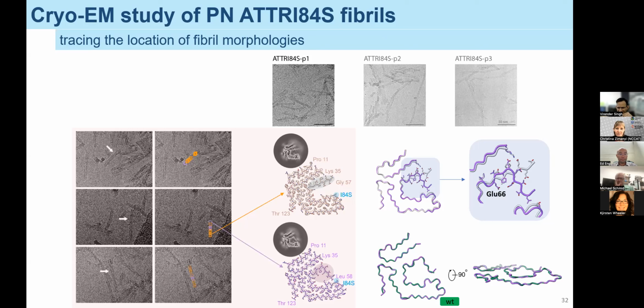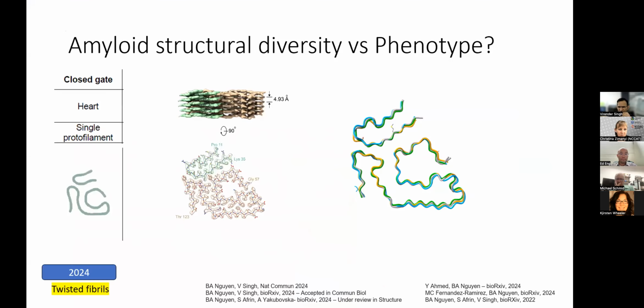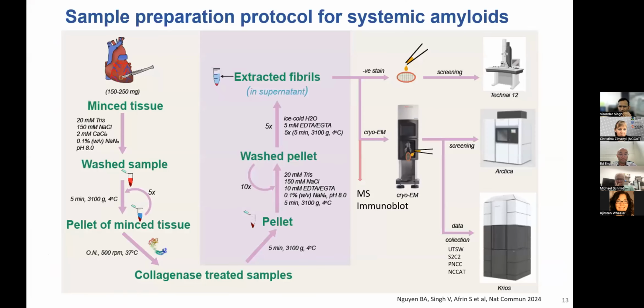Actually, my cryo-EM training started with tau extractions from brain, and I'm aware of the ferritin contamination from brain. Compared to brain, with most of the systemic amyloids, we don't see ferritin contamination. The protocol we use for extraction is very different from what we follow for tau or any brain-derived material.